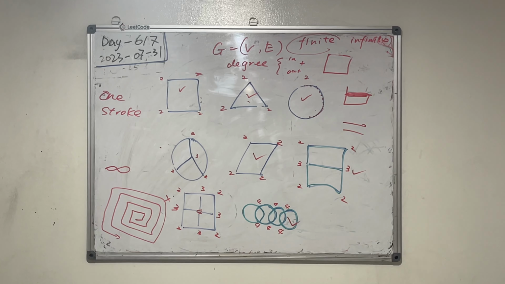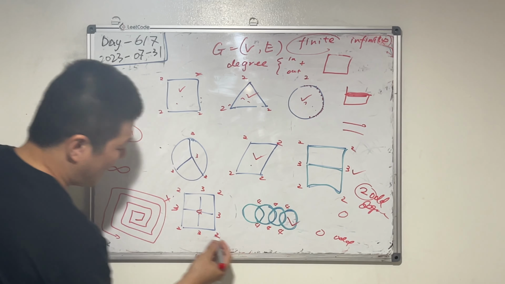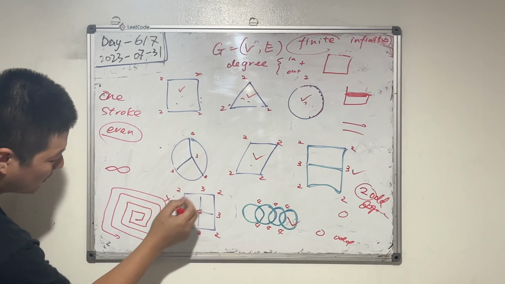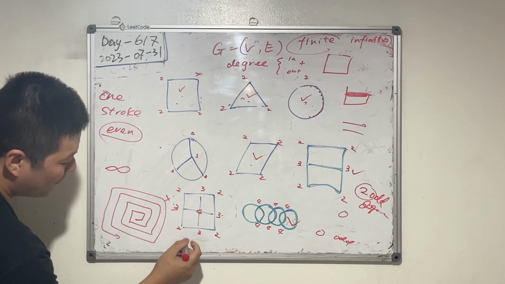Okay, so look at this. How many degrees are odd numbers? 2. Okay, so this is 2, right? We have 2 odd degrees. Here we have 0 odd degrees. And here we have 1, 2, 3, 4. 4 odd degrees.